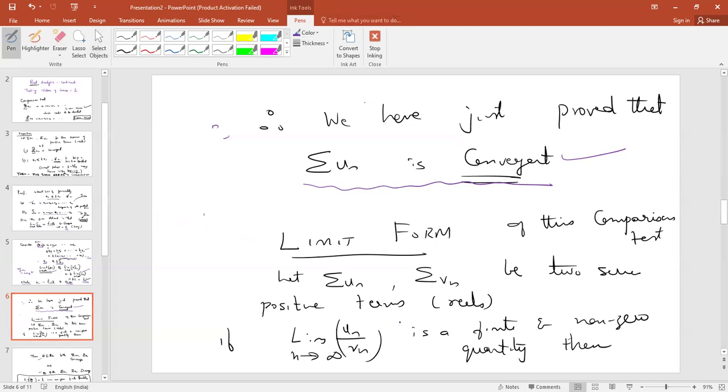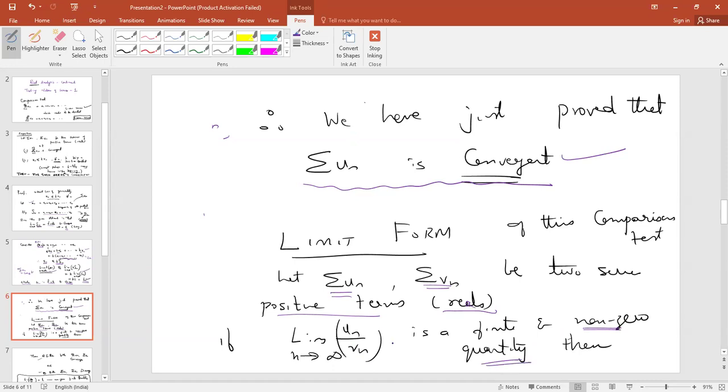Limit form is a proportion like this. Suppose summation un and summation vn are two series of positive terms, just like the other time I said, all reals. And suppose limit of un by vn as n tends to infinity is a finite non-zero quantity.